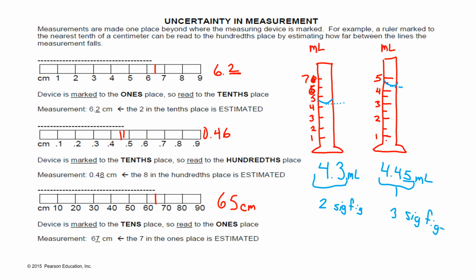When I'm using this graduated cylinder in a calculation, all of my answers can have 3 sig figs. If I'm using this one, my answers can only have 2 sig figs. Or really, all of my answers can have 2 decimal places on this one, and only 1 decimal place on this one. All right. Questions? Let's move on.